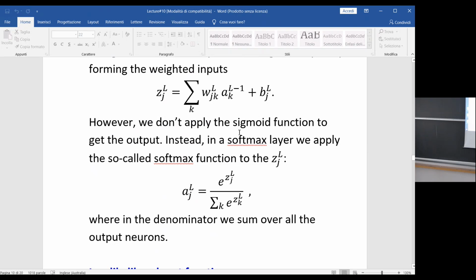However, for the last layer we don't apply the sigmoidal function to get the output.